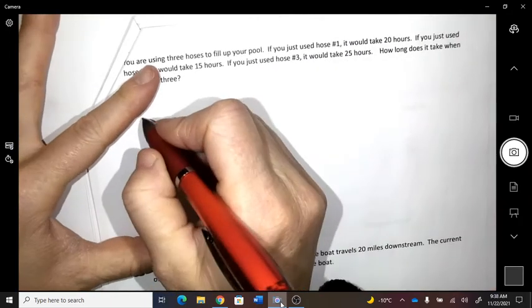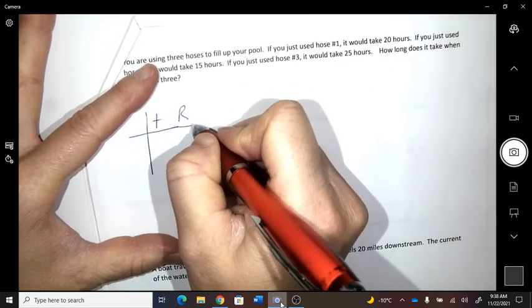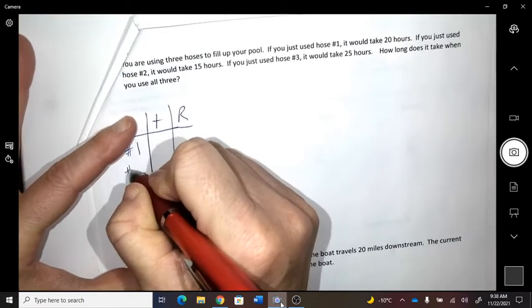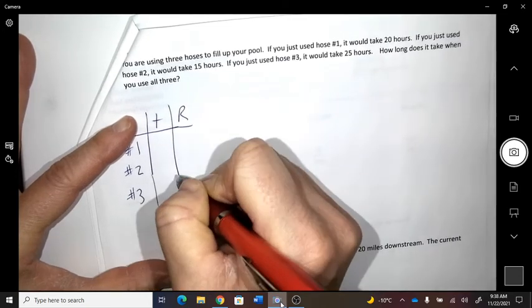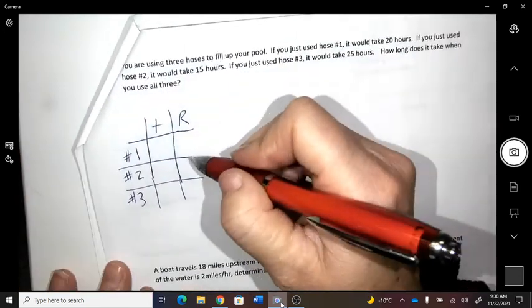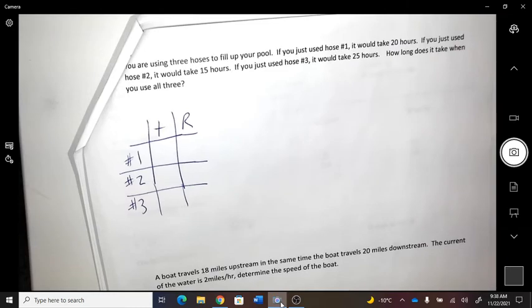All right, 2 more and then we're done. Okay, we're filling up a pool with 3 hoses. So I'm going to do a time rate situation again. If you were to just use hose number 1, it would take 20 hours.